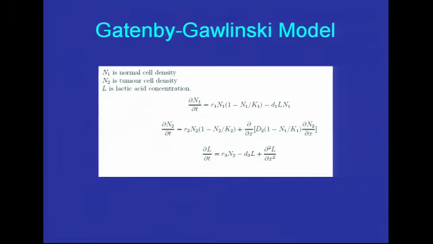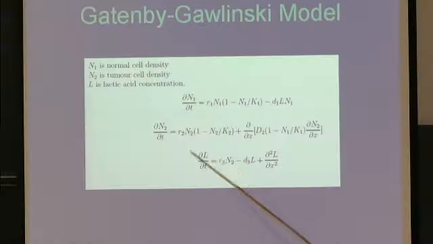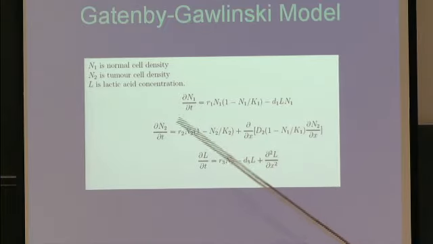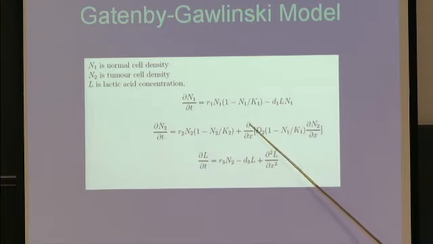So basically, N1, this is one version of their model. N1 is normal cell density, N2 are tumor cells, L is lactic acid, T is time, X is position, and you can write this in 3D. I've just written it in 1D. Everything else is a positive parameter. The idea here is both cell types are undergoing logistic growth.